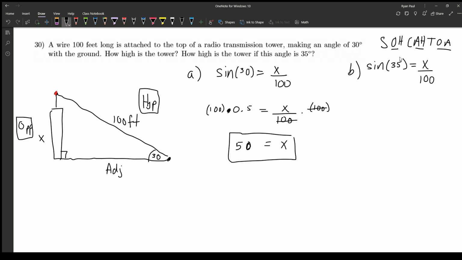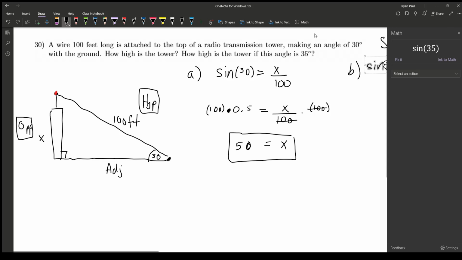Now let's see if my software would recognize this. Please do it, because I do not have a calculator in front of me. Yeah, I'm a baller like that. I don't use calculators when I'm doing math. Let's math it. Sine of 35. Evaluate it. Okay, it is not in radian. This thing is in radian mode.